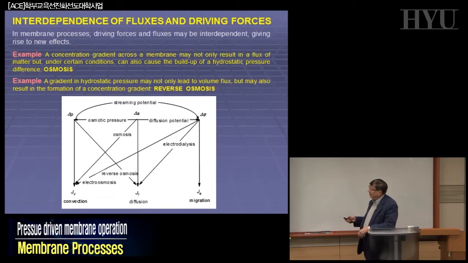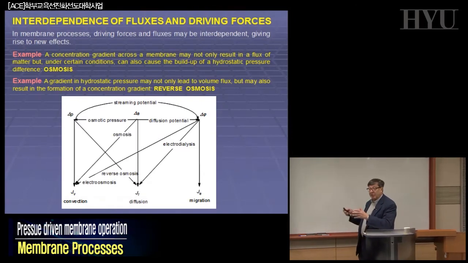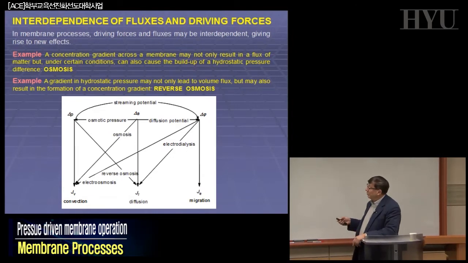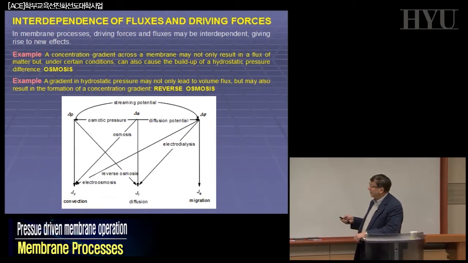The example of this interdependence is that when you create a concentration gradient across your membranes, you are producing a flux of chemical substance across your membranes, but also, if you build up a system in which this flux across the membranes is going into a closed chamber, for example, this flux can produce the growing of a hydrostatic pressure, and that's what we call osmotic phenomena.